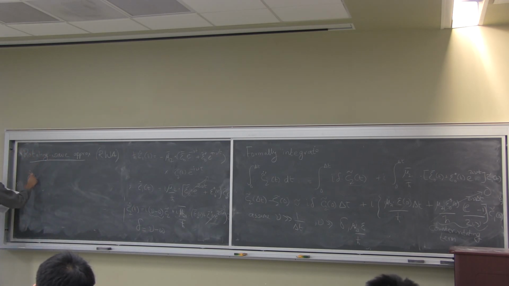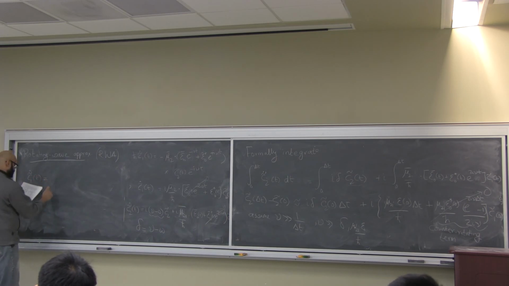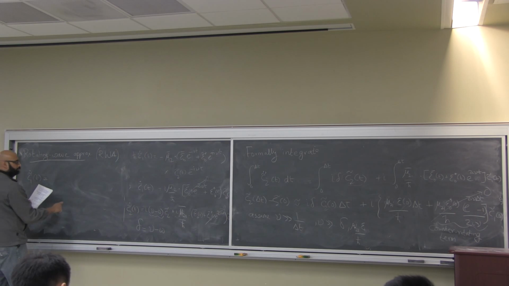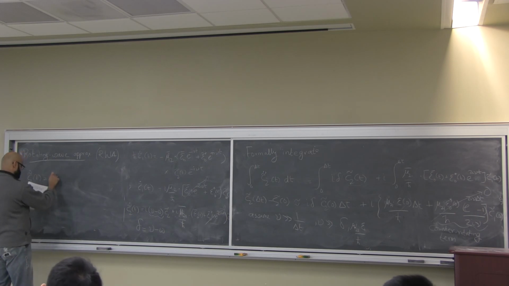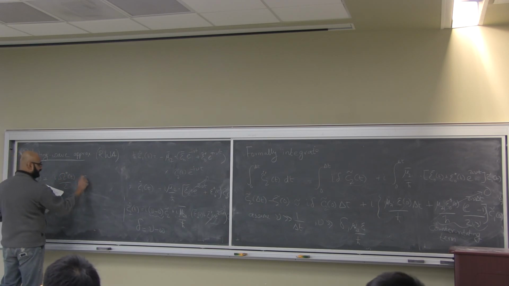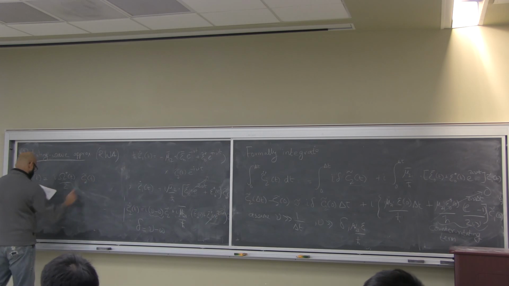Alright, but in this rotating wave approximation, rewriting these equations of motion, C1 tilde dot of t, and now I'm going to define the Rabi frequency that I just promised you. I'll just write the equation of motion and define the Rabi frequency in a second.